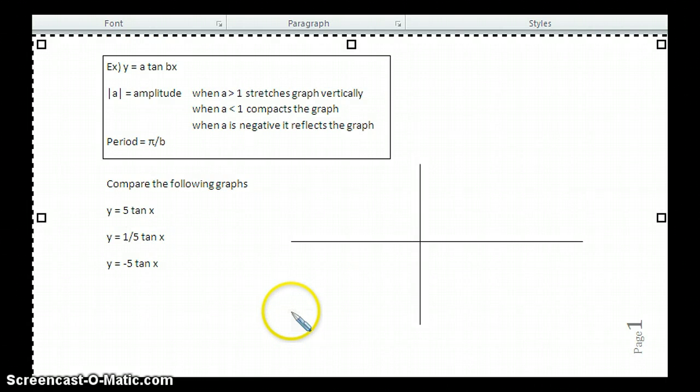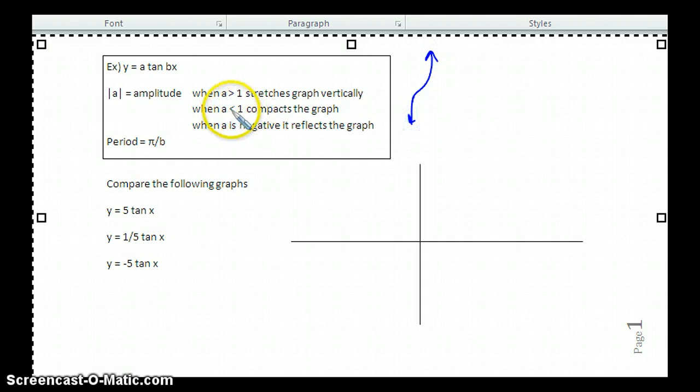So the next concept that I want to talk about is what the amplitude will actually do to our graph. If the amplitude is greater than 1, it's going to stretch the graph vertically, which means it's not going to be as curvy of a graph, but you're going to have a graph that will be more like this.